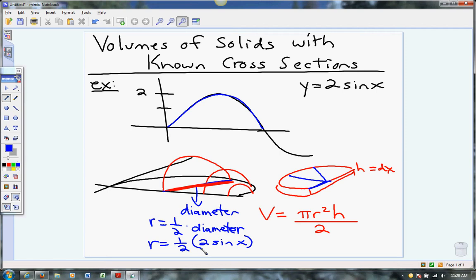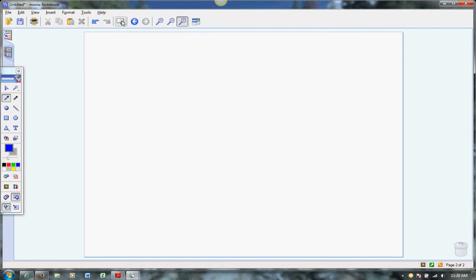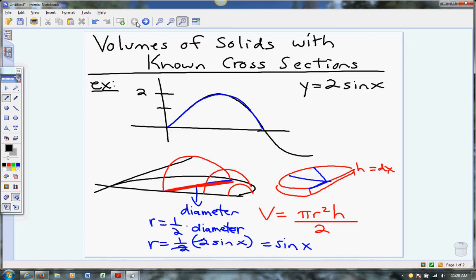That is my radius. Now, do you see the 1/2 times the 2 cancels? So these 2's go away, and my radius is just equal to the sine of x. And now we are ready to start finding my volume. Because remember what I said, my volume is going to be pi r squared h divided by 2.